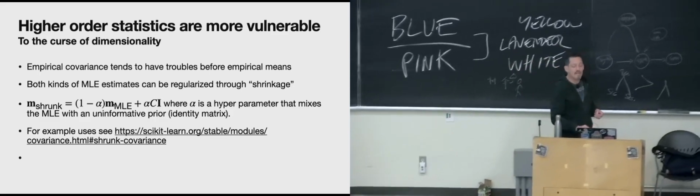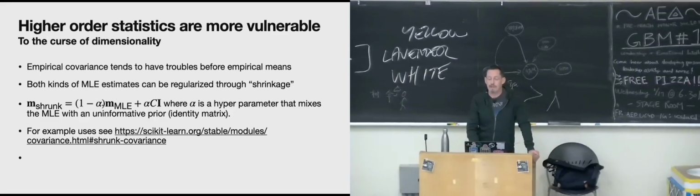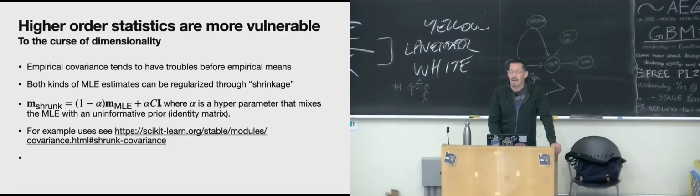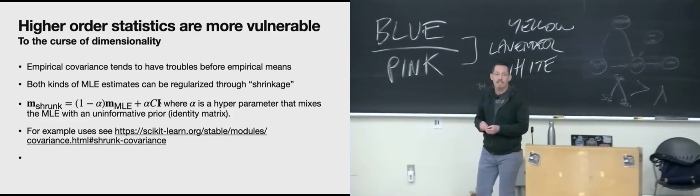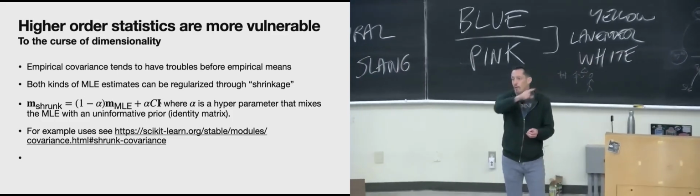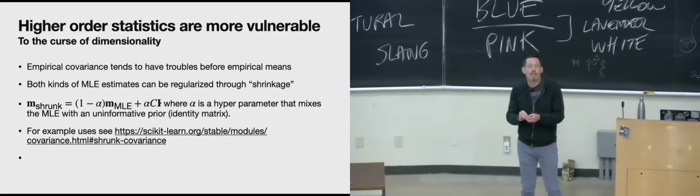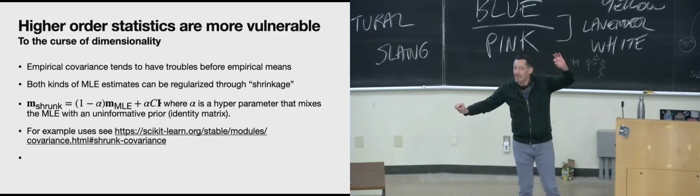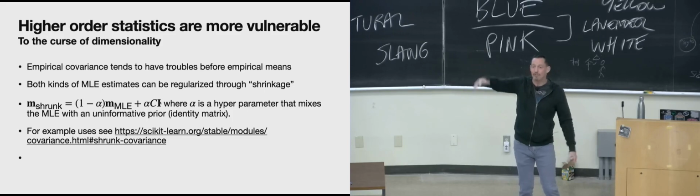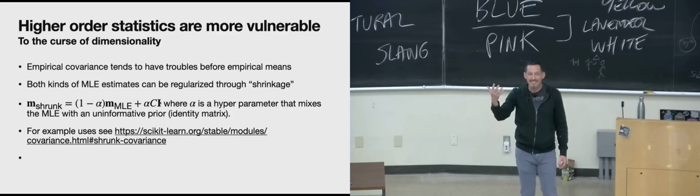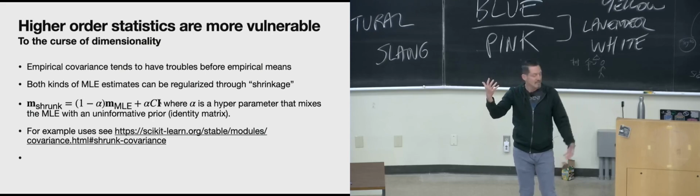So I take a mix of the empirical maximum likelihood estimate and some model. What's the model? Usually it's the identity matrix, 1, 1, 1, 1, 1, 1. A spherical Gaussian, right? Because something that's ones on the diagonal for the covariance and zeros everywhere else, that's a spherical Gaussian. So my dumb, uninformative prior, a spherical Gaussian, mixed with my actually available data.